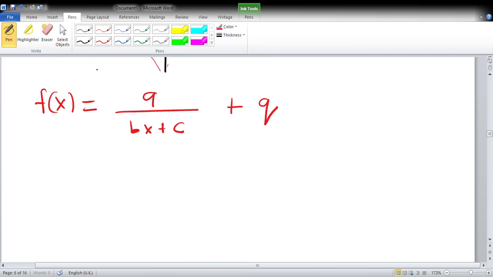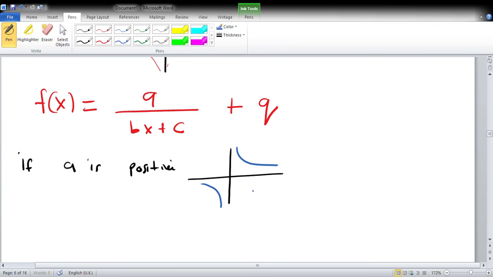What does this tell you when you're sketching a graph in this format? Number one, understand that if a is positive, you experience a curve which is going to be like this.